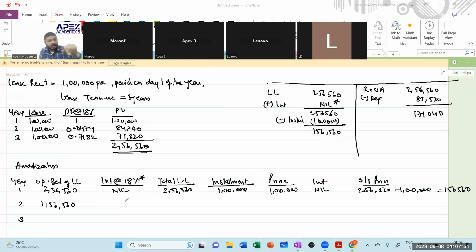Now on this, interest will come at the rate of 18%. Why? Because now there is a 1 year period that has elapsed. What is your answer? 28,181. What is your total lease liability? 28,181 plus 156,560 is 184,741.